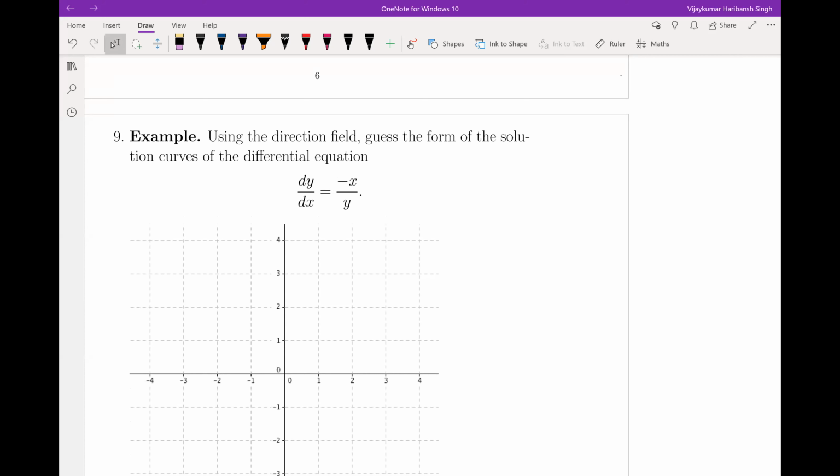So if we look at this example here, this is how the curve looks.